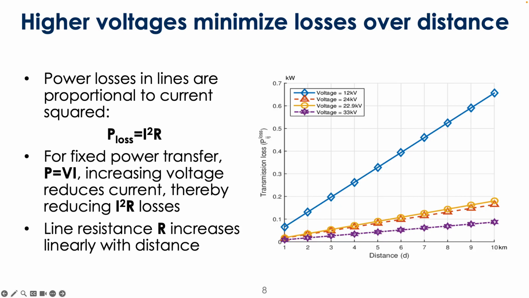Power loss is equal to current squared times the resistance. For a fixed amount of power that you're trying to transfer from point A to point B, if you increase the voltage, you can get the same power with smaller amounts of current.